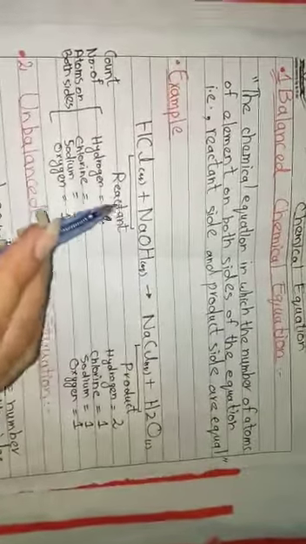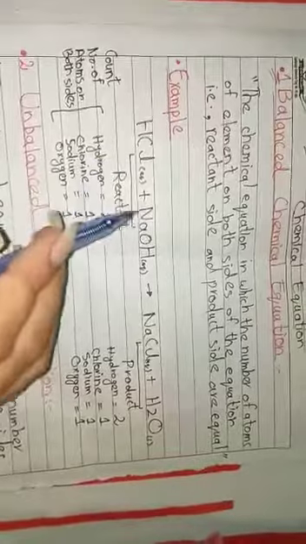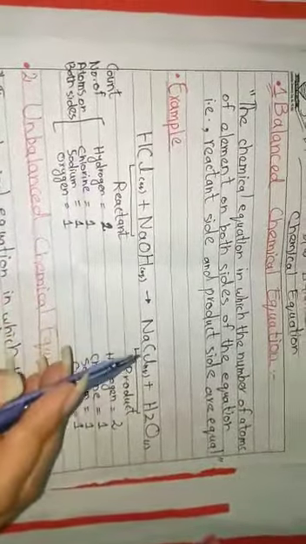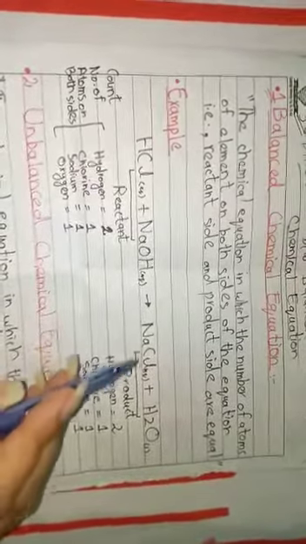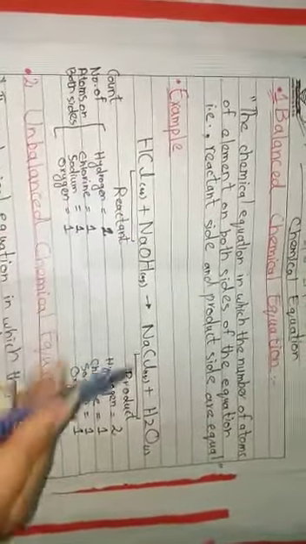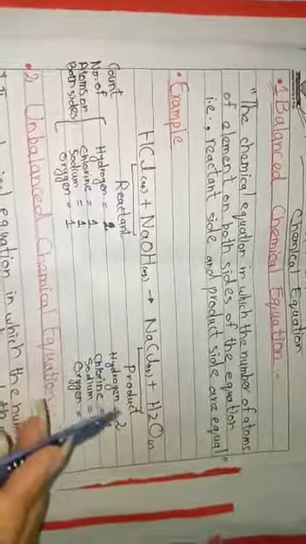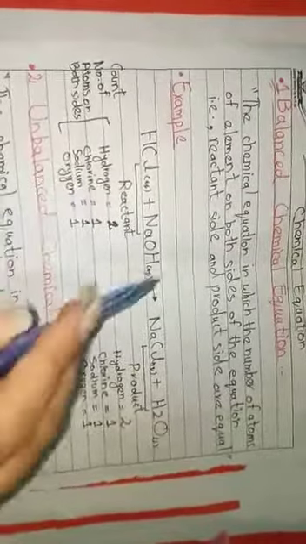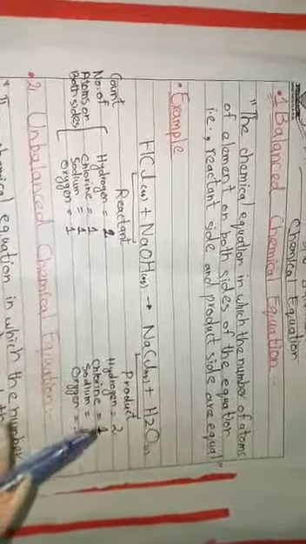Here the HCl and the NaOH represent the reactants because they react together, and when they react together they form NaCl, sodium chloride, and water. NaCl and water are produced as a result of the reaction between hydrochloric acid and sodium hydroxide, so they are considered products, while HCl and NaOH act as reactants because they react together to form the salt and the water.